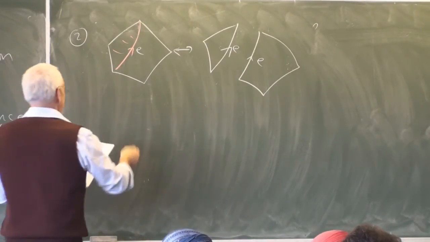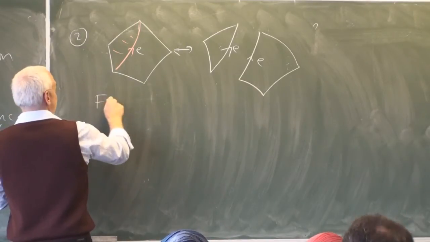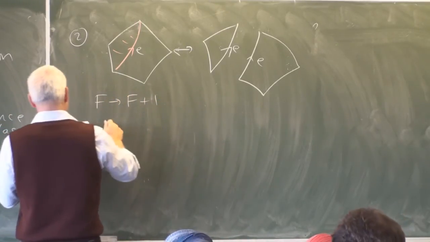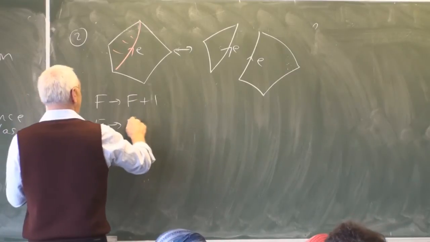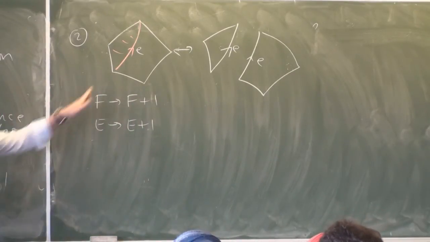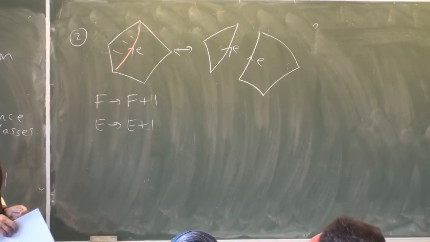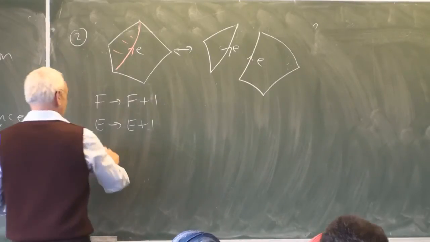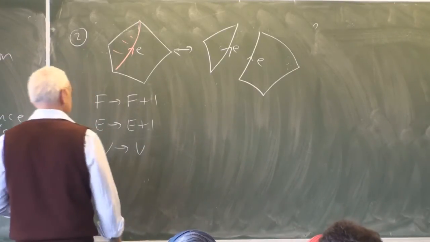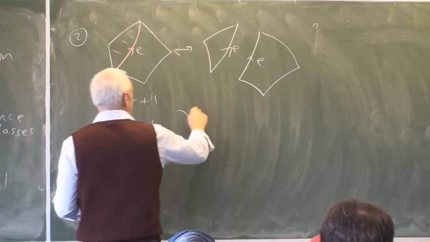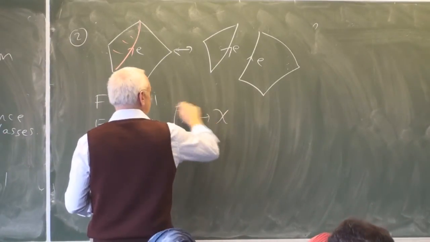It's the opposite. Well, in this case, the number of faces goes up by one. The number of edges goes up by one because we're introducing this interior edge as a new edge. The number of vertices doesn't change. And so chi goes to chi. Doesn't change either.